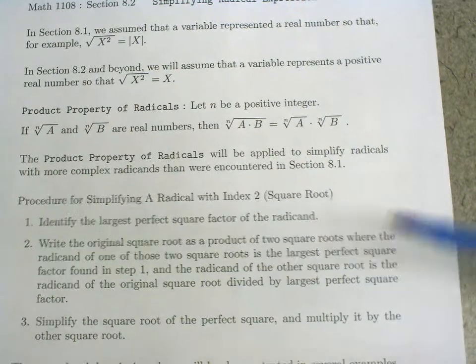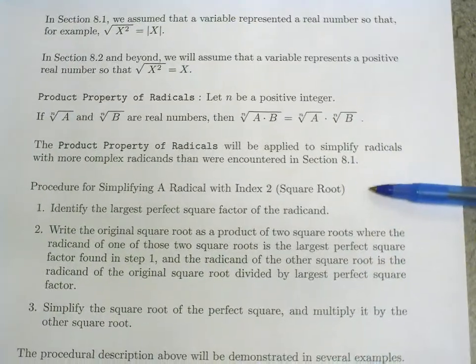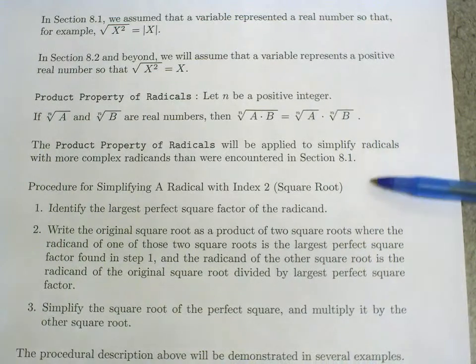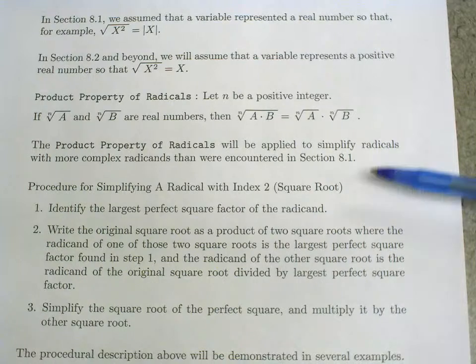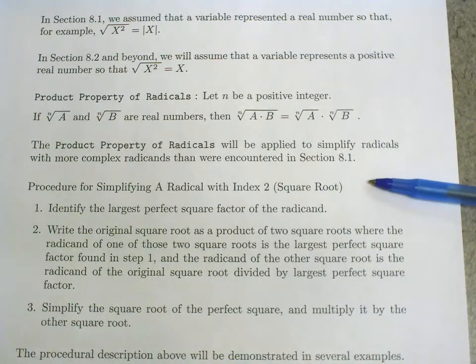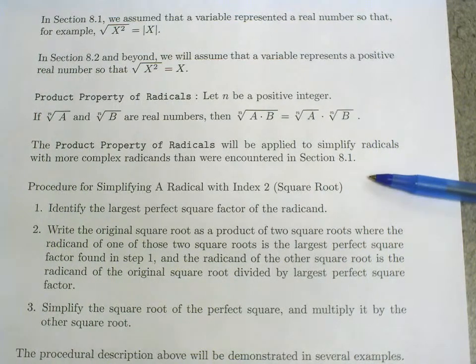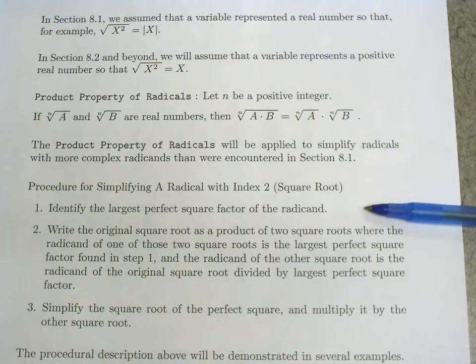And I'll explain a procedure for simplifying a radical with index 2. Remember from section 8.1, a square root is a radical with index 2. So in step 1, we identify the largest perfect square factor of the radicand.